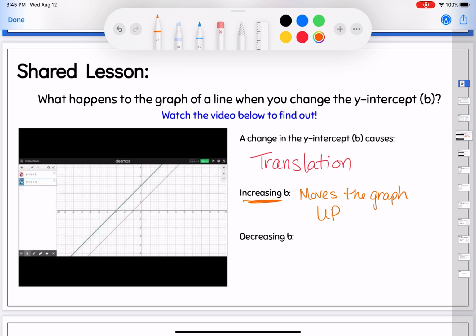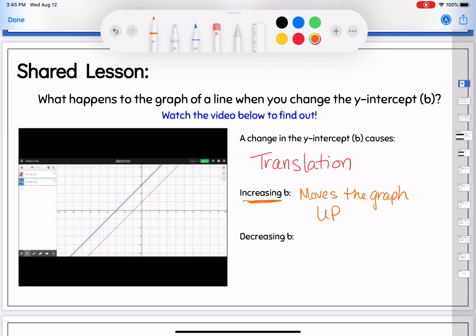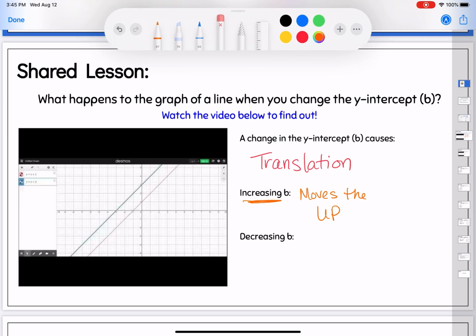So increasing b moves the graph up that many units. And by the graph, a better way to say that would be the line. And if you decrease b, if b gets smaller, it moves the line down that number of units, right?